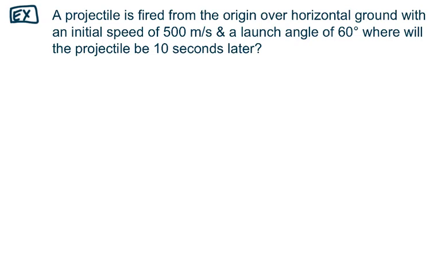All right, so we have a couple of things to unpack. First of all, we have an initial speed, v naught, and that is 500 meters per second. We have a launch angle, alpha, 60 degrees.